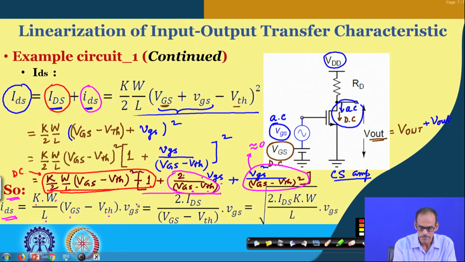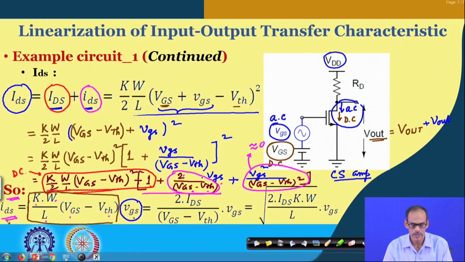So, you can see that it is having the VGS part, and the rest of the things are unchanged. If only small VGS is changing, the corresponding change we are getting in the current is the DC part, some factor defined by the DC part, and then we do have the time varying part, small VGS.